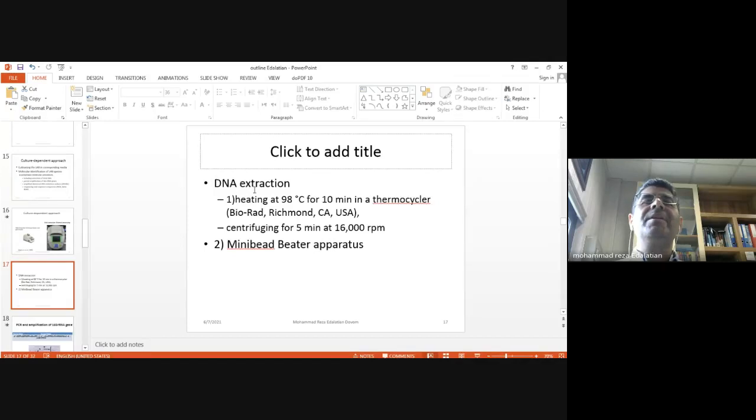As you can see in the next slide, for DNA extraction we have two methods. In the first method, we can heat at 98 degrees centigrade for 10 minutes in a thermocycler, as I showed you in the previous slide. And after that, centrifuge for 5 minutes at 16,000 RPM.